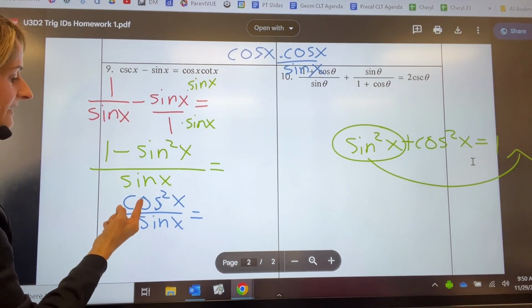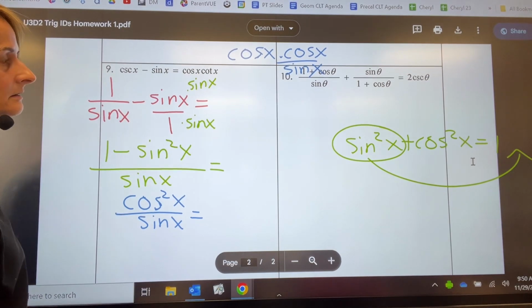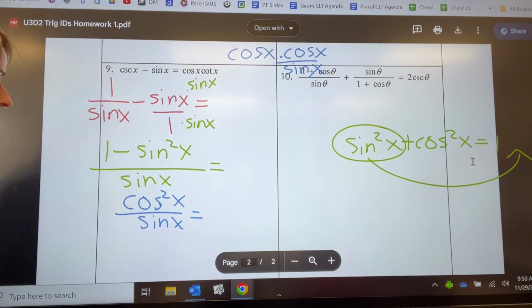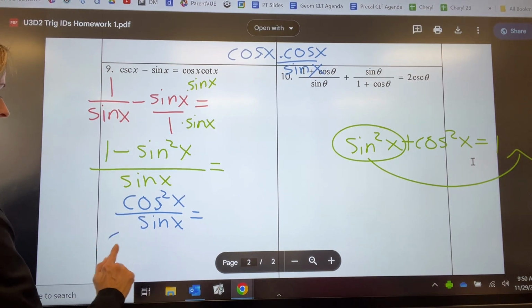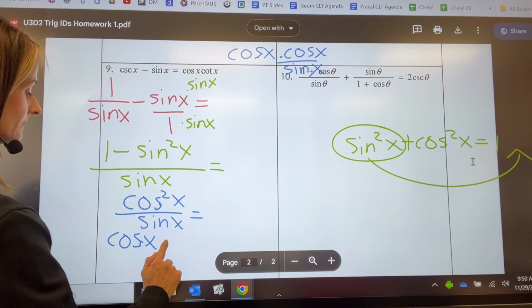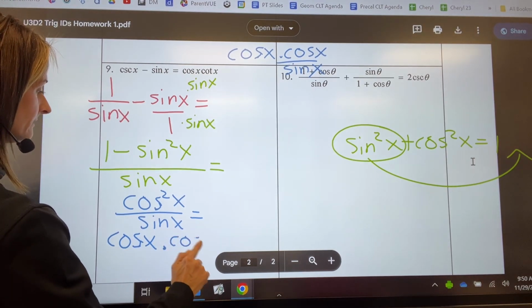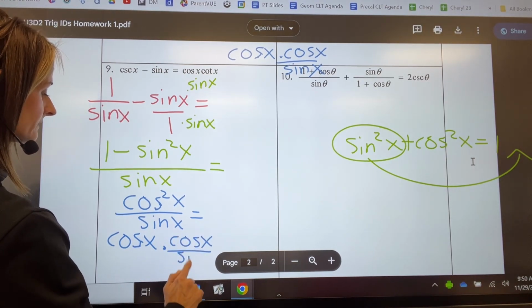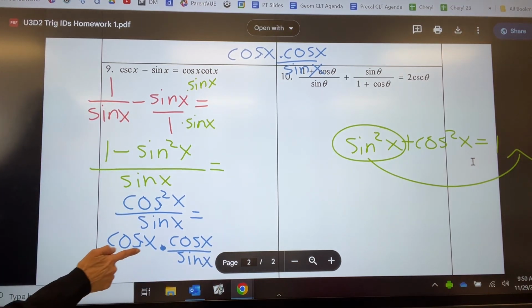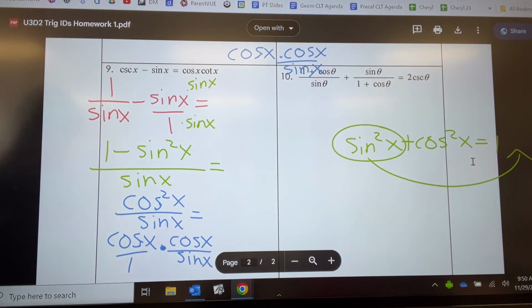So I'm just going to rewrite this like that, and then change that to cotangent, and then I'm done. So I'm going to write this as cosine of x, times cosine of x over sine of x. And these are being multiplied, so that's like a cosine of x over 1. That's okay. We're not adding them, we're multiplying.